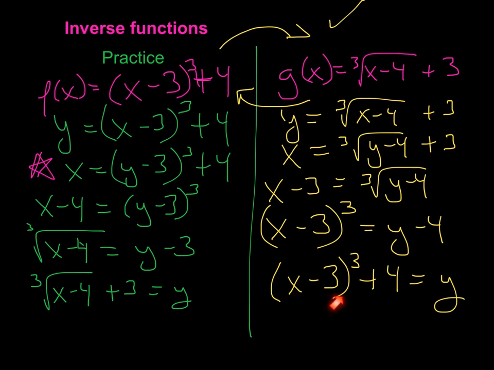Solving, I get x minus 3 cubed plus 4, and I have x minus 3 cubed plus 4. So that means that f of x is the inverse of my g of x. So they are in fact inverses of each other because it worked both ways.